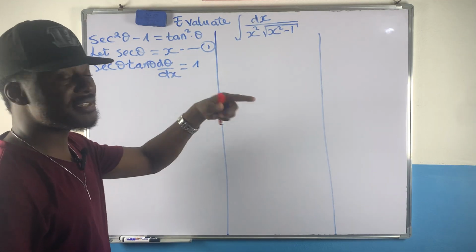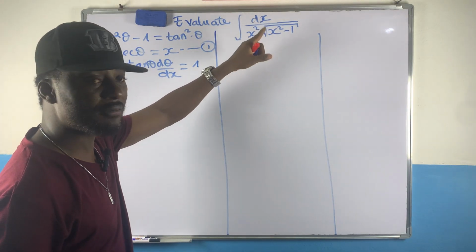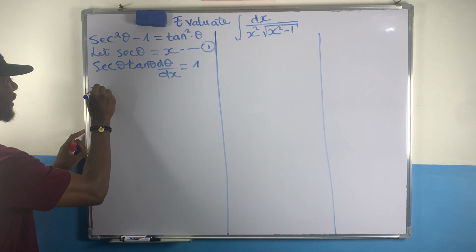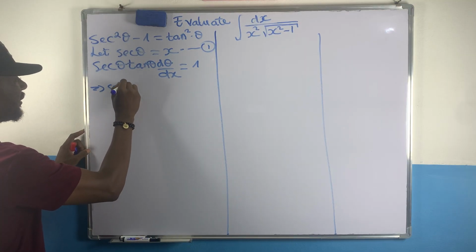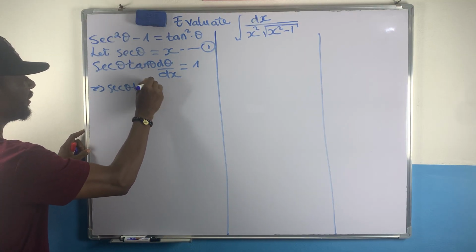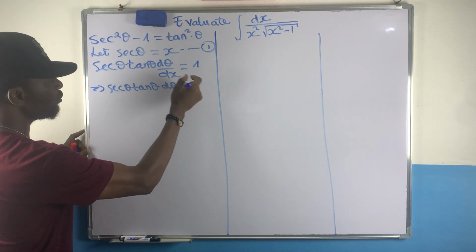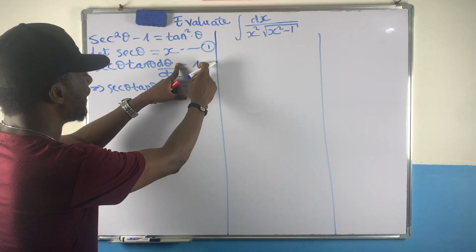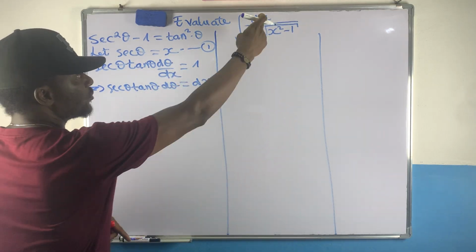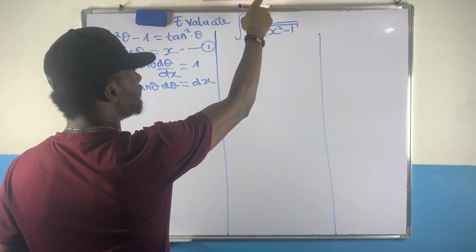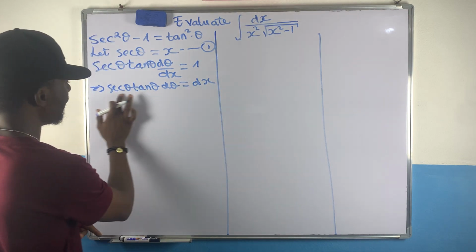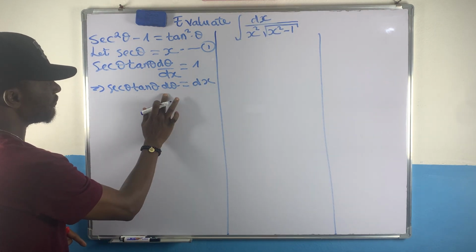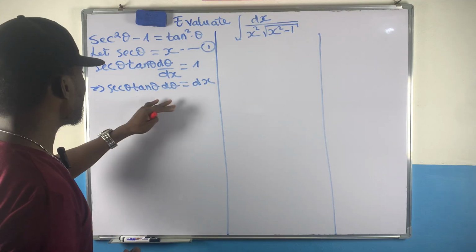So since the objective is to make dx the subject of formula, I will proceed as follows. Sec theta tan theta d theta should be equal to dx. The objective is to replace dx with this relationship. Okay, so we already have this situation.